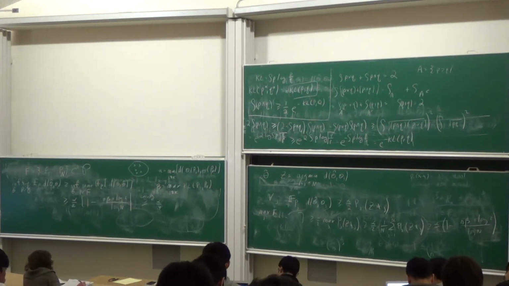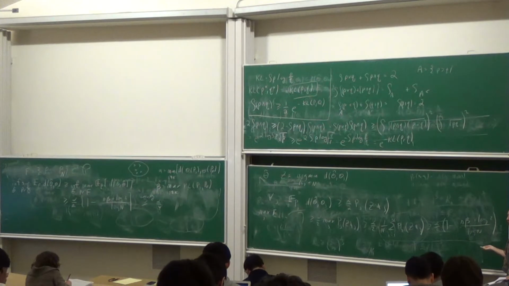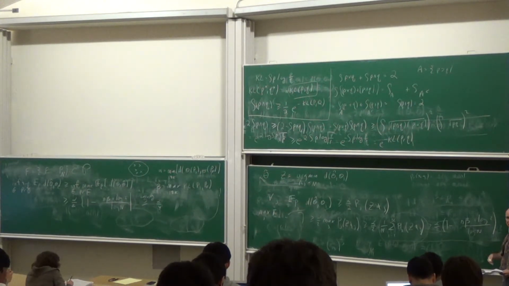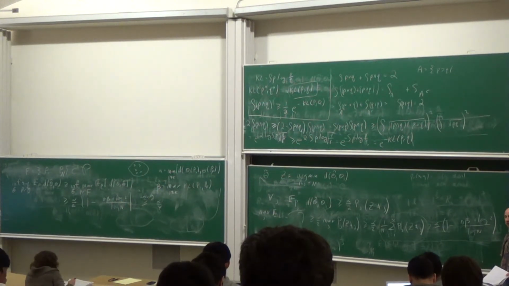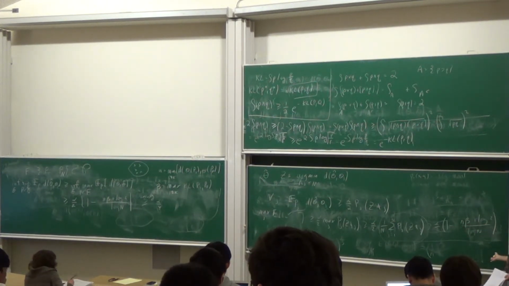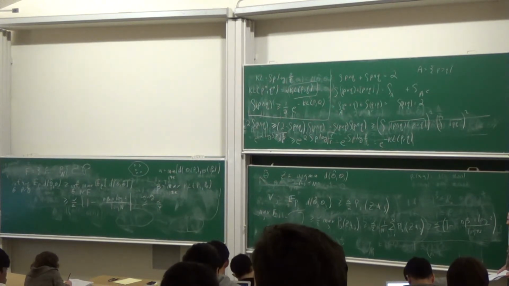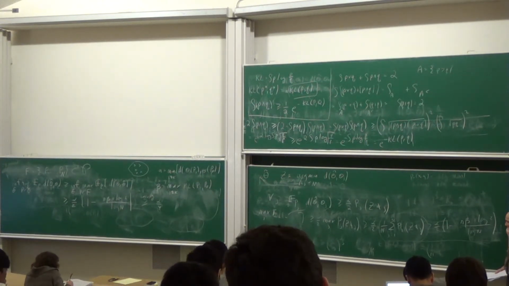So the one piece of hard work I admitted was going from here to here, which again was Neyman Pearson for 2, it's Fano's lemma for more than 2, proof in the back, it's an information theoretic proof. But the proof strategy, I think you can see, is exactly the same as in the two-hypothesis case.